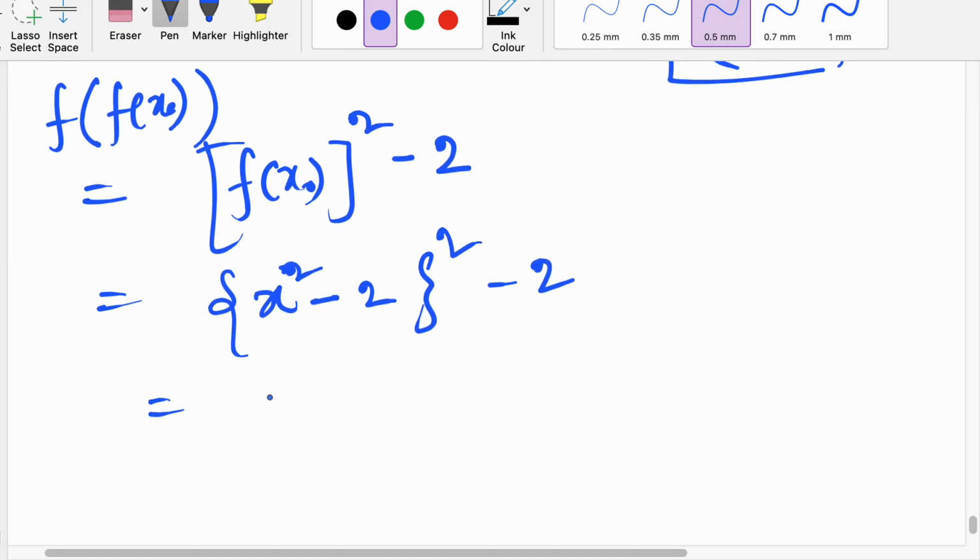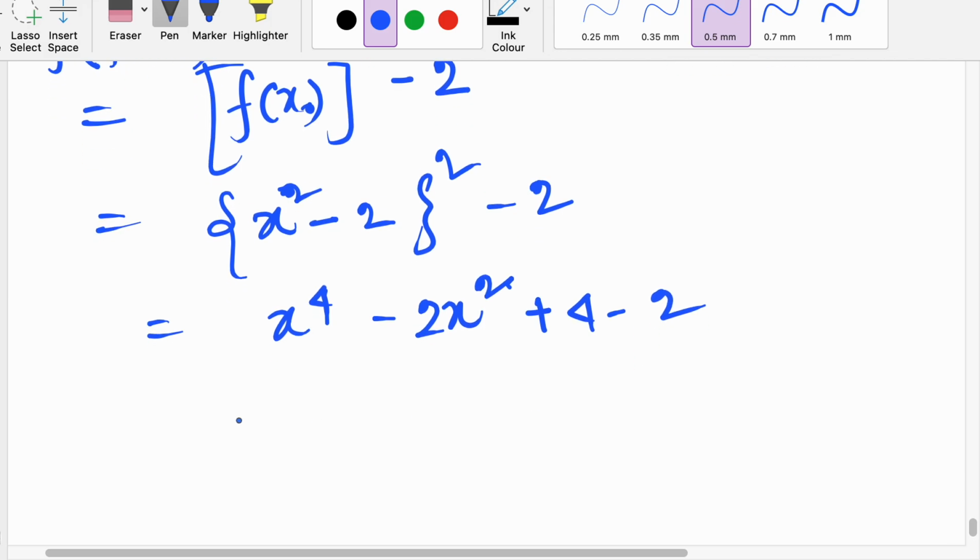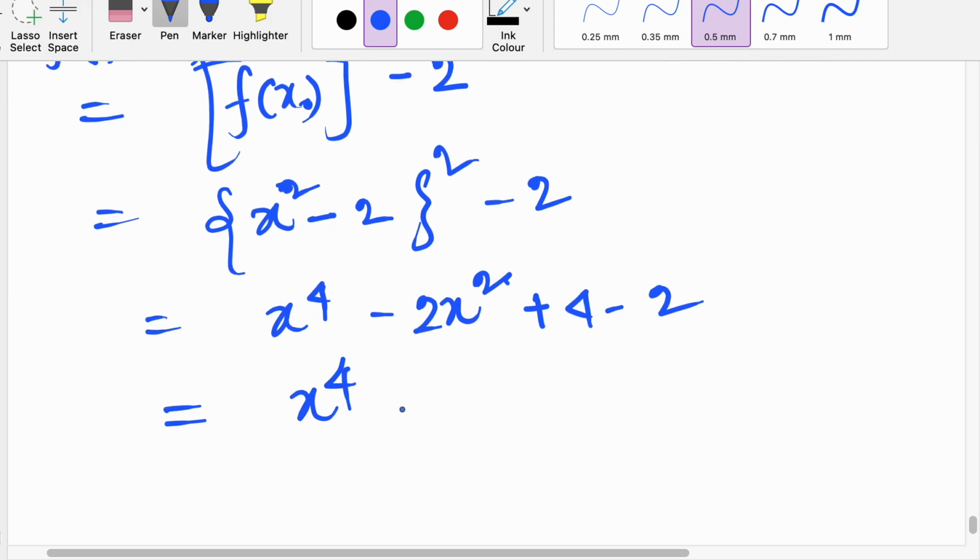So it will become x to the power 4 minus 2x square plus 4 minus 2. So it will look like x to the power 4 minus 2x square, x plus 2.